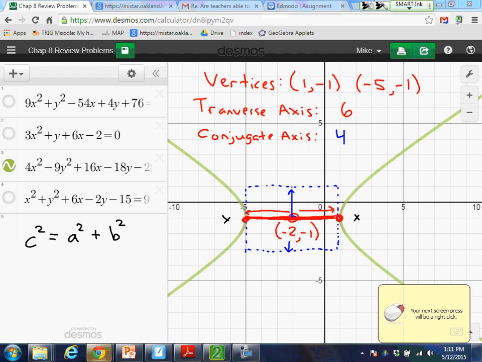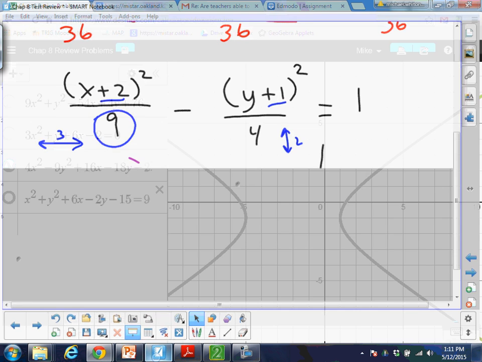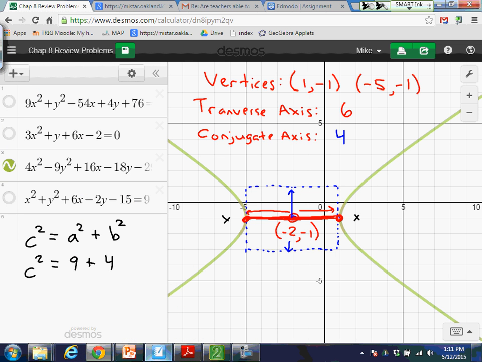With the ellipse, we started with a squared because the a was bigger. So in this case, it's a little different. So let's find that. So c squared, a squared was 9, b squared was 4. Let me just make sure we had those right. Those are the denominators. Yep, 9 and 4, right? So c squared is going to equal 13.